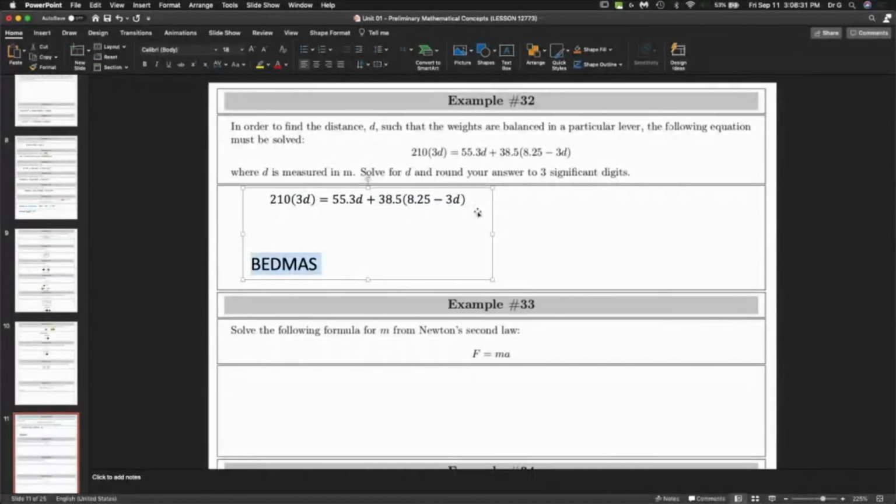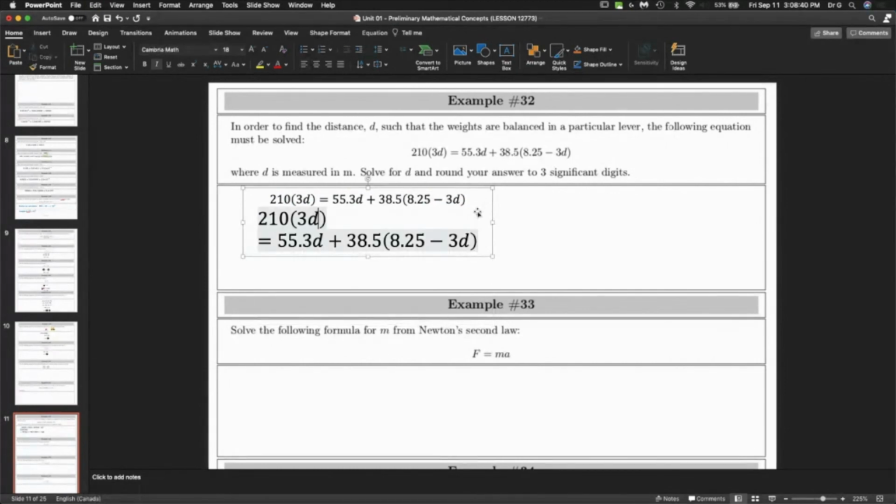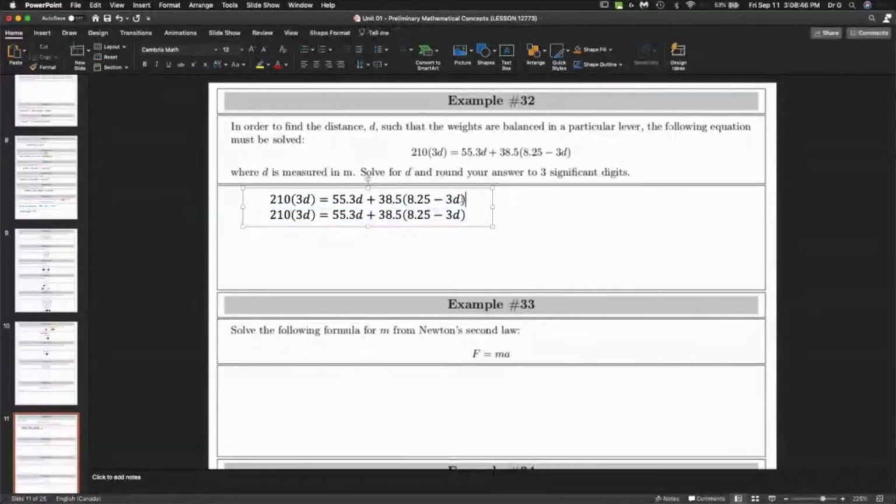So you want to get rid of the brackets, and we can do that by distributing. Over here, 210 times 3 is 630.